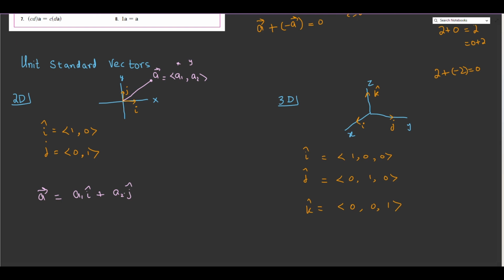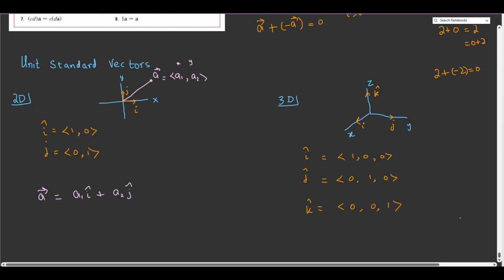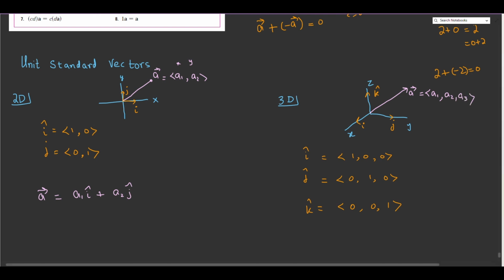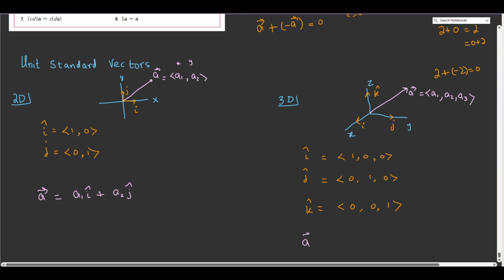Similarly, in the 3D space, suppose this is the vector A and it has the components A1, A2 and A3. This vector can be written as a linear combination of the vectors i, j and k.